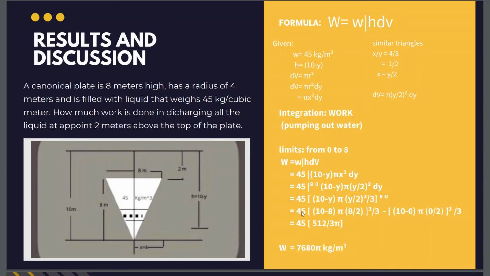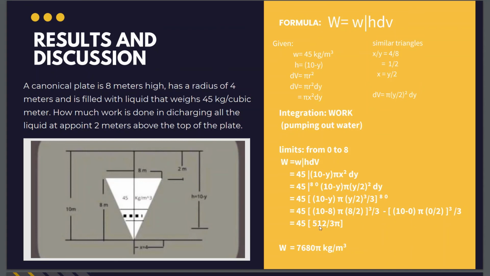So we have 45 times 10 minus 8, since our y is 8, right? Let's put in the limits. We have pi, then 8 over 2 cubed over 3, and then the 0. So we have 10 minus 0 times pi times 0 over 2 cubed, and then over 3.